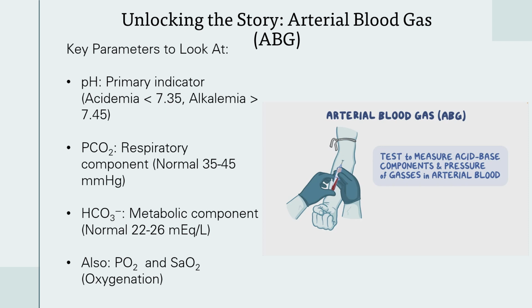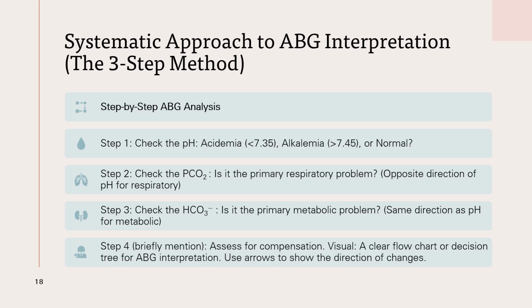So a systematic approach to ABG interpretation, the three-step method, is that you check the different concentrations of the hydrogen ion, whether it's normal or not, that's the pH basically. And then you also look at the gases here, PCO2. You also look at oxygen, it's not presented here, and then the bicarbonate level, and then you assess exactly what condition the patient is in.